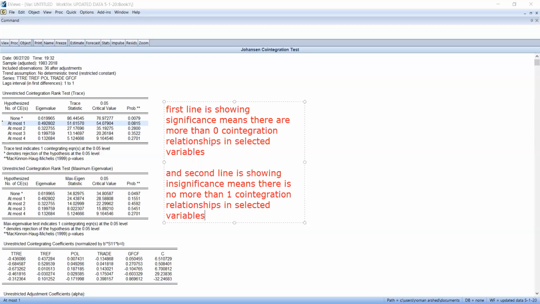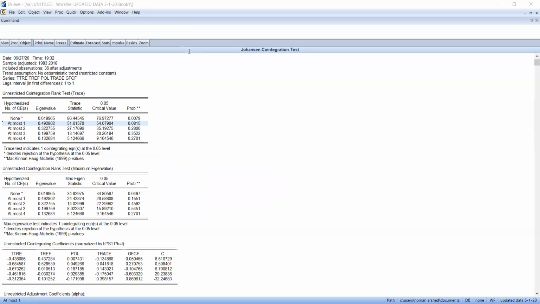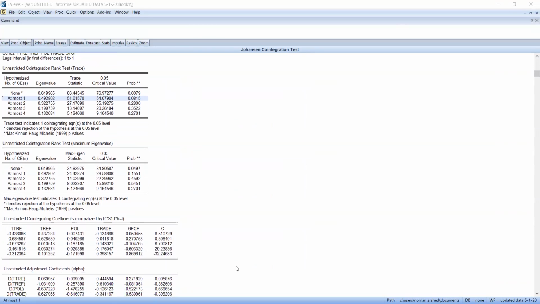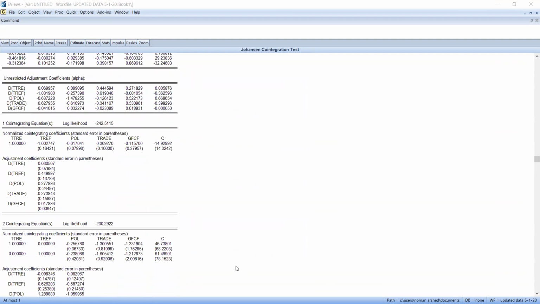So it is more than 0 and it is not more than 1. So what is the answer? It should be 1. So it is written here. Similarly, the second test is also saying the same thing. So it is confirmed that there is one long run relation. Now we need to check what that is. The best way is to go here and see this table.